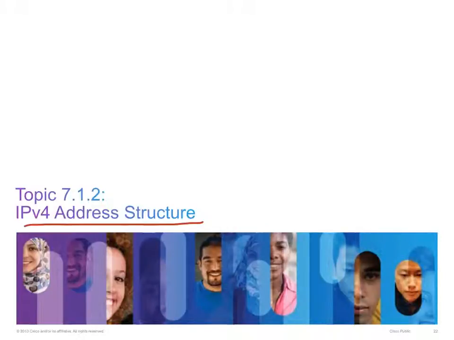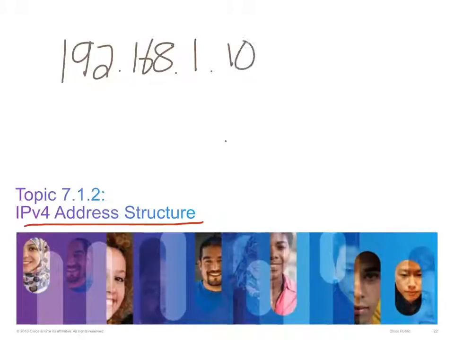IP address structure. Whenever you see an address, for example, we were looking at an address like this, 192.168.1.10. Let's say that address is an address on a router, on a device at somebody's home.